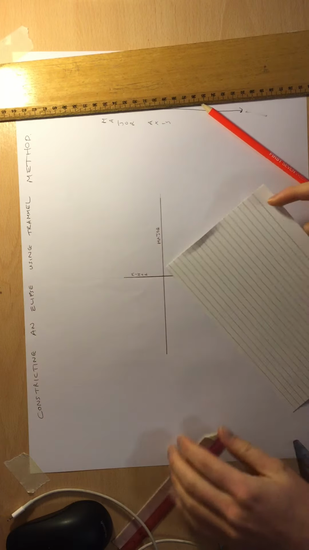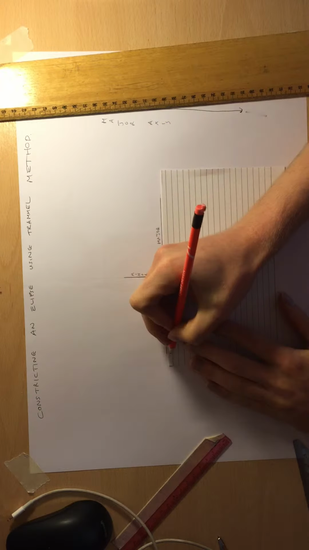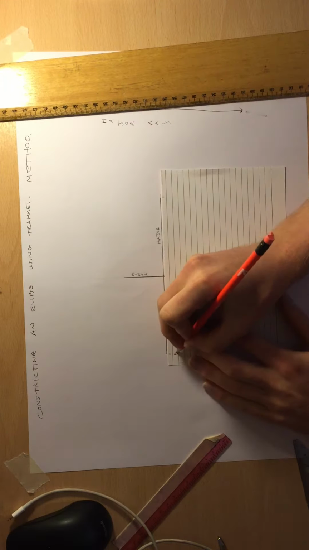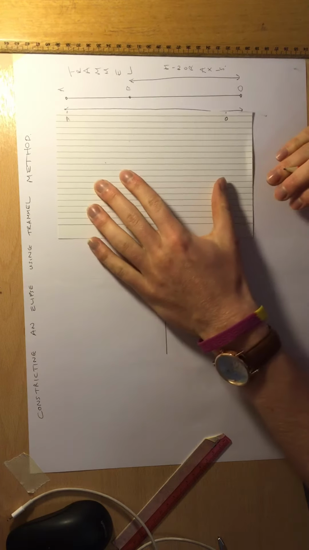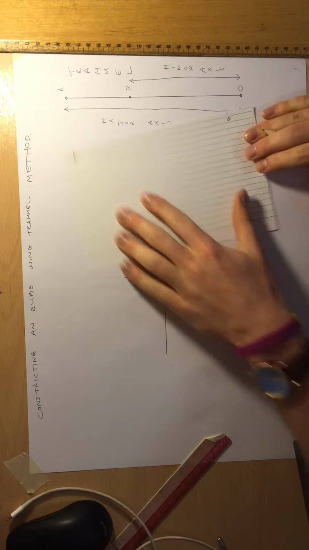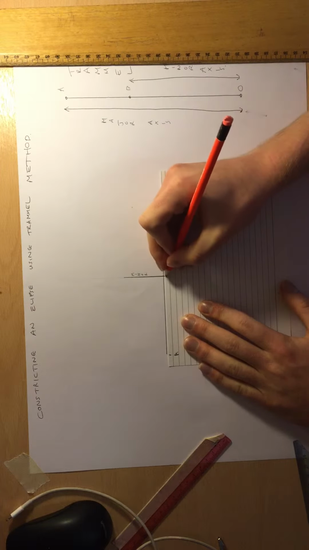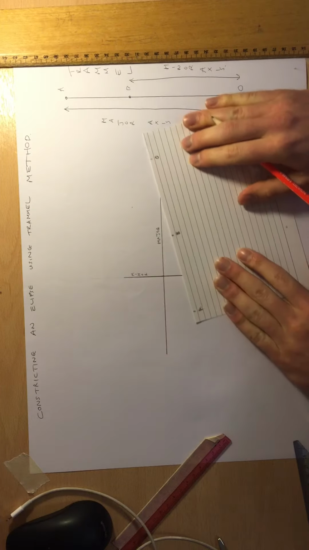Now, so we have our A, O as shown, so that'll be our A to O, and then B to O is our minor axis. Okay.